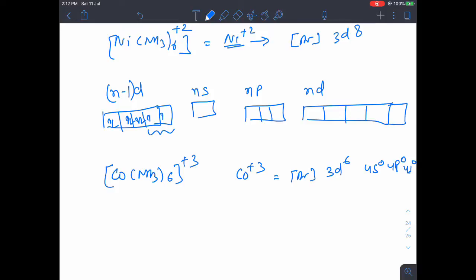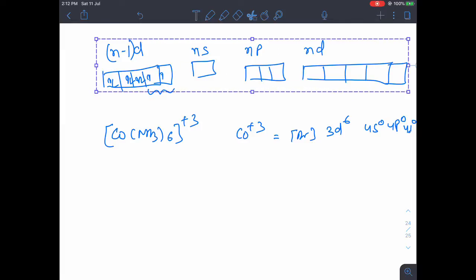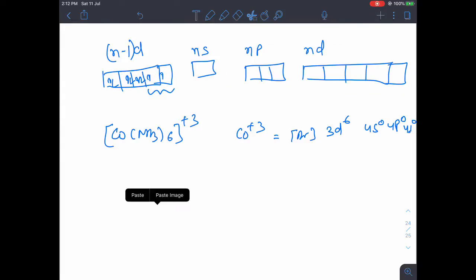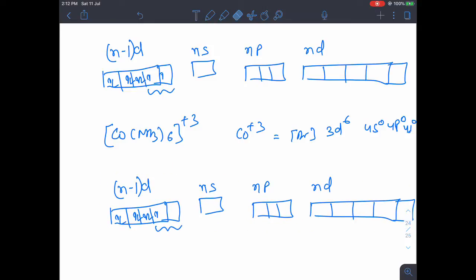Now look at here, if we have 6 electrons over here, if we fill up these electrons, 1, 2, 3, 4, 5 and 6.